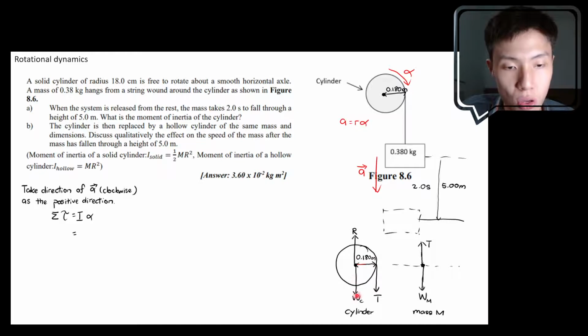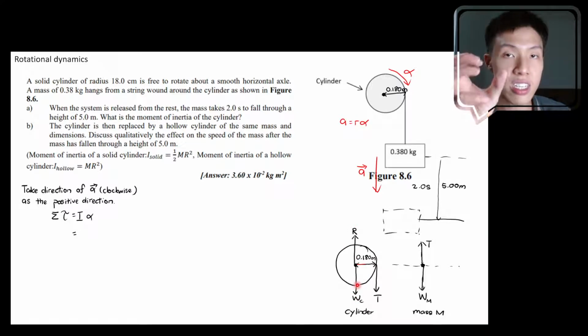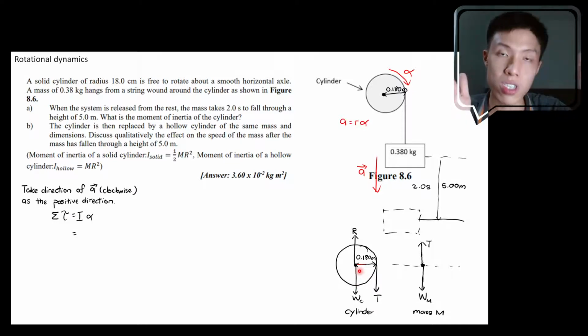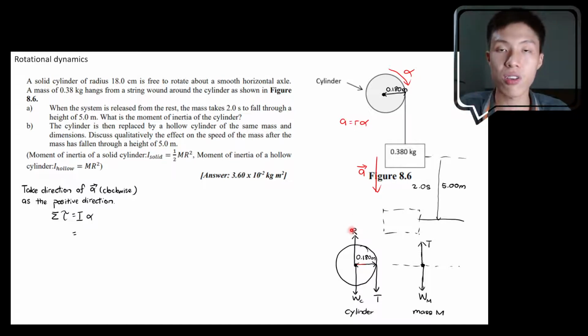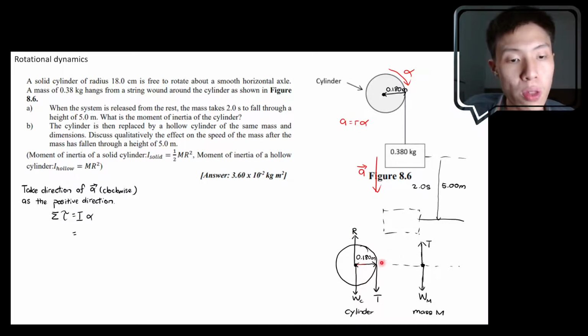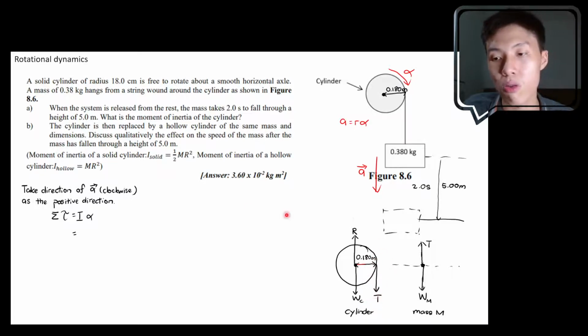So for these two forces, the R, the distance from the axis of rotation to the position of the force, will be equal to 0. So your R F perpendicular will be equal to 0 because R is 0 for the reaction force and weight of the cylinder. So the only force that causes torque will be the torque produced by the tension over here.